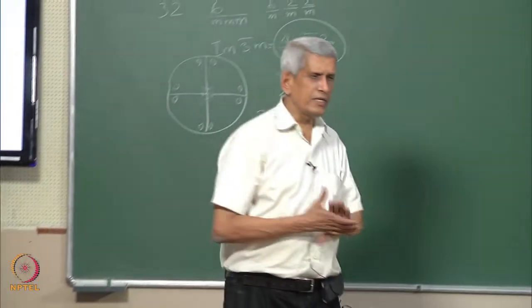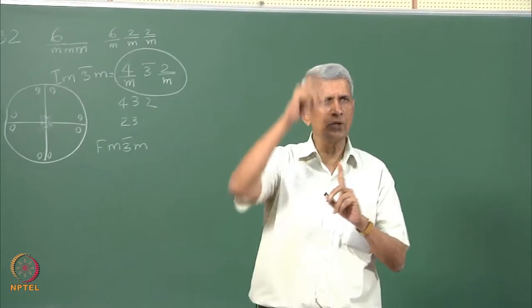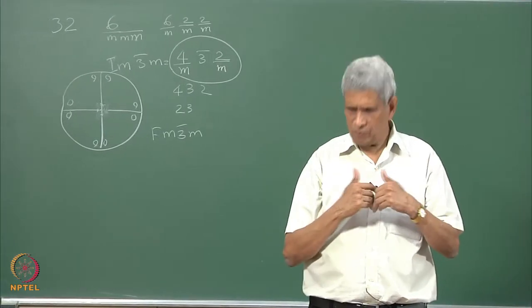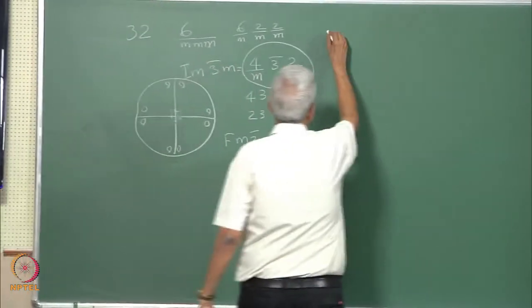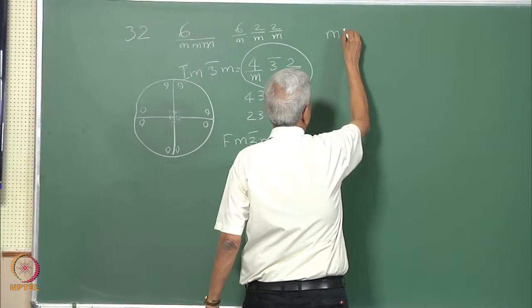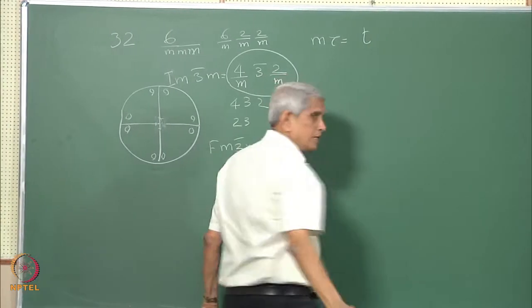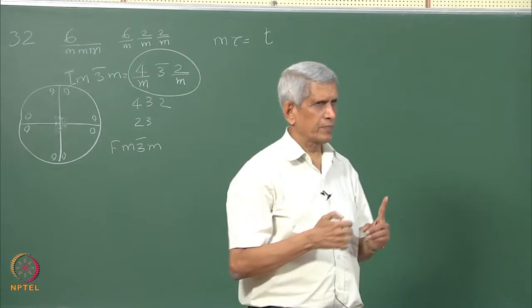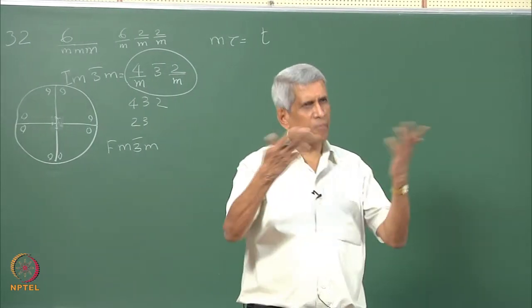So the condition that is followed is that from one lattice point to another lattice point, if we move through some pitch which you take to be tau, that is, m times tau, the pitch, equals p times t, where t is the lattice translation vector in that direction; it could be one lattice translation vector or some number n.